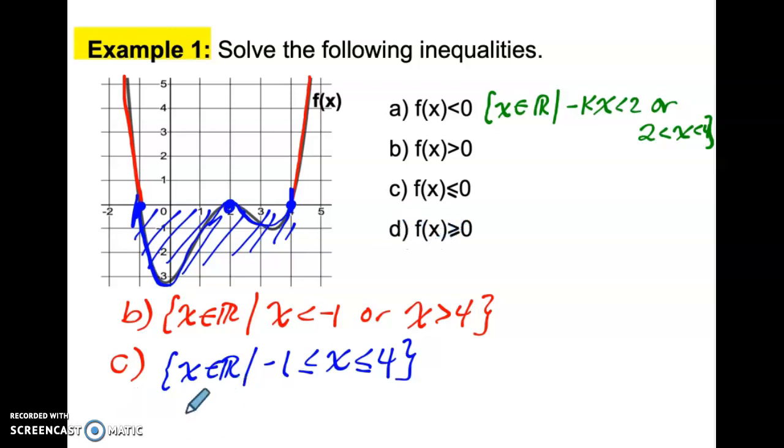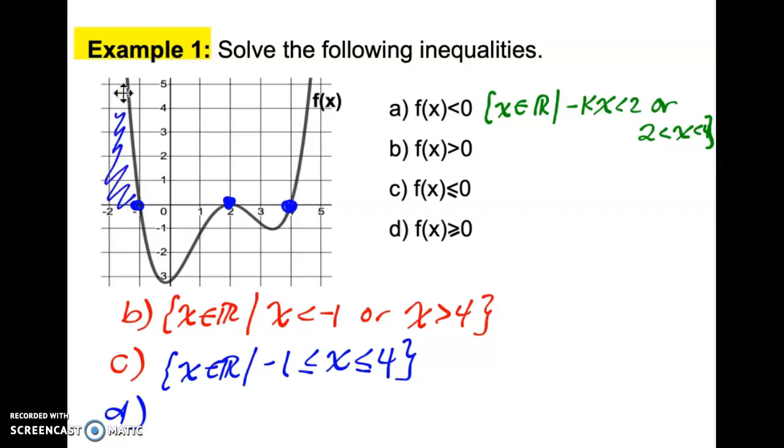And then for D, let's erase this so that we can start fresh. For D, it's asking when is it either positive or equal to 0. So we have 3 points where it's equal to 0, and then it's positive all the way along here, and it's positive all the way along there.